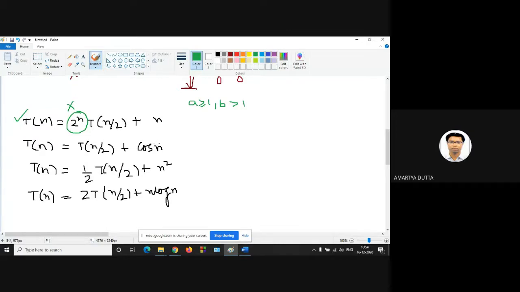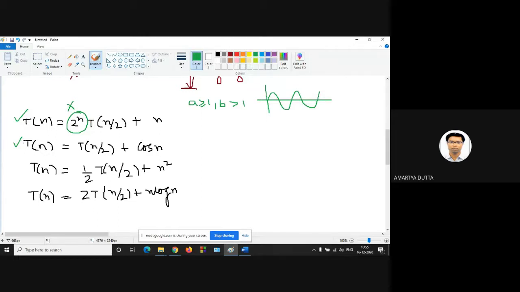Why not second? For the second, f(n) should be increasing, but cos is decreasing. So for the second case, the regularity condition of the function is not satisfied. It is not monotonically positive.